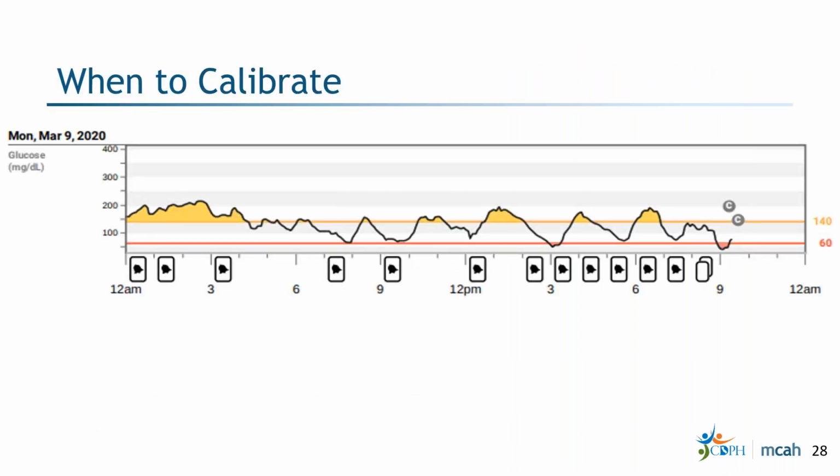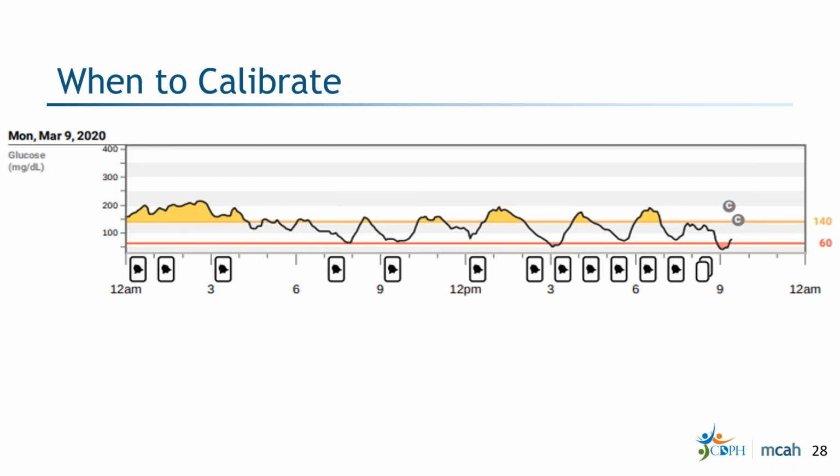Looking at this day, going back to her individual data, here we can see, first of all, a lot of alarms went off this day, a lot. But you'll notice around 9 p.m., there's these 2 calibrations right there. So this particular device does not require calibration. And when I look at where these are calibrated, it looks to me like maybe she was having a low, and then maybe it wasn't increasing quickly enough.